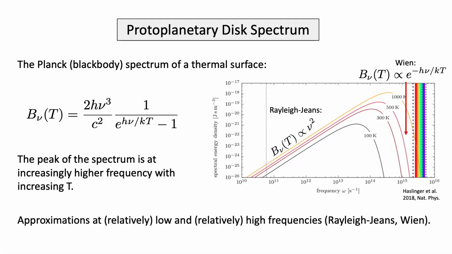So there's a turnover and then a rapid decrease toward shorter and shorter wavelengths. They only depend on temperature. Depending on the temperature, the peak of the spectrum moves in frequency or wavelength. The hotter you make it, the shorter the wavelength of its peak is.